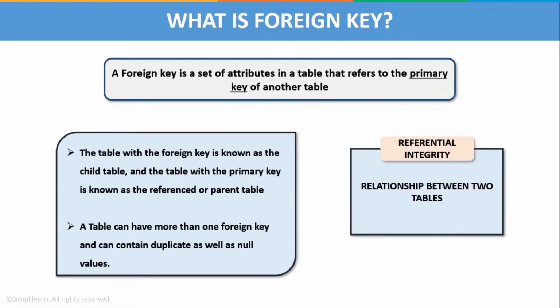Now, the foreign key brings referential integrity to SQL, which means that a foreign key must have a matching primary key or it must be null. This constraint is specified between two tables, that is parent and child, and it maintains the correspondence between the rows in these tables. It means that the reference from a row in one table to another table must be valid.